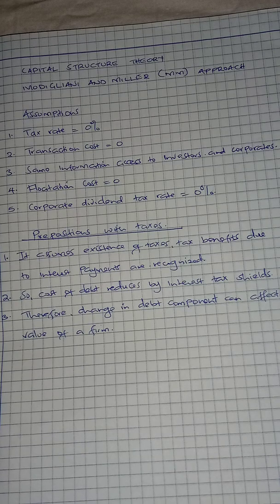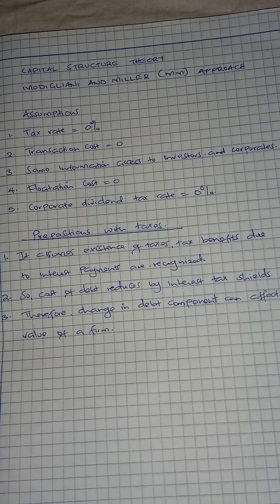But you can only do that as long as you don't overborrow to an extent that the cost of bankruptcy exceeds the value of the tax benefits, because that will not be cost effective to the company. Thus, increased debt until a given threshold value will add value to a company.